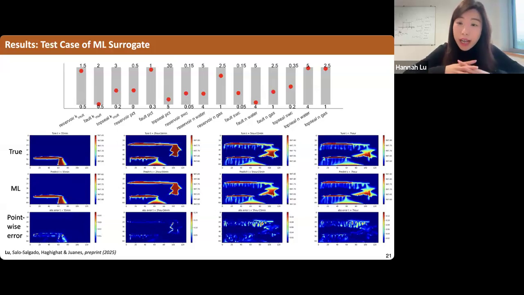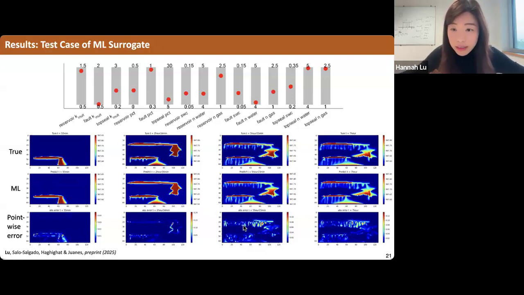Then here we have the test results of a new combination of the parameters that is not seen in the training. The columns represent different time snapshots. The first row is reference truths from simulation, the middle row is the machine learning predictions, and the last row is the point-wise error map.